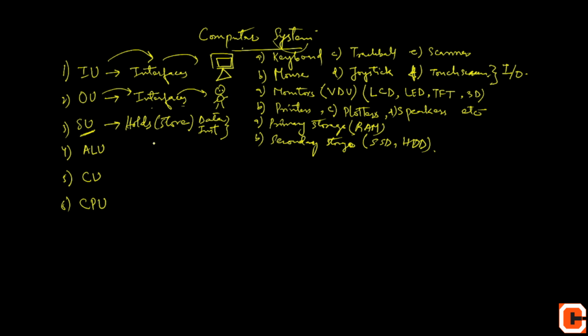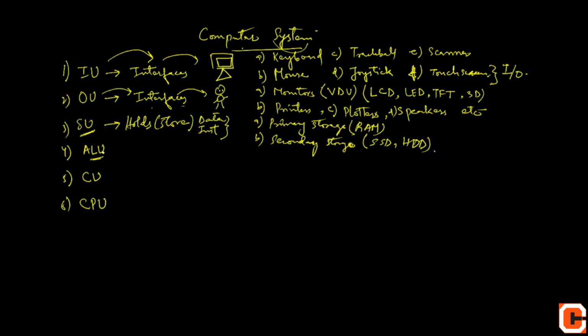Okay, now what about the arithmetic and logical unit? Look, a computer performs all calculations and comparisons. What does comparison mean? Comparison means the decision making operations. It is all performed in the arithmetic and logical unit.